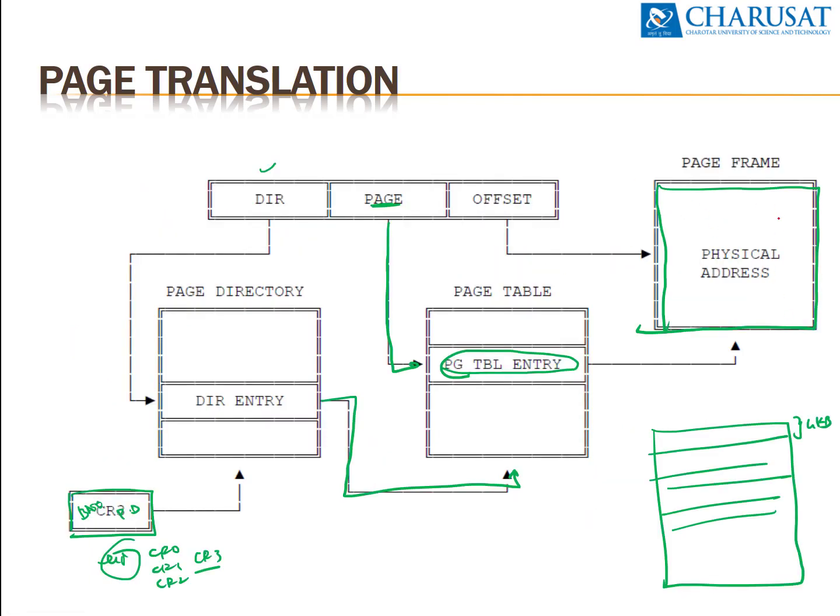This memory divided into fixed-size blocks is known as page frames. One part contains the base address and the other contains the offset within it. To generate the physical address, the base address and offset are added together. This is page translation, made of directory, page and offset.